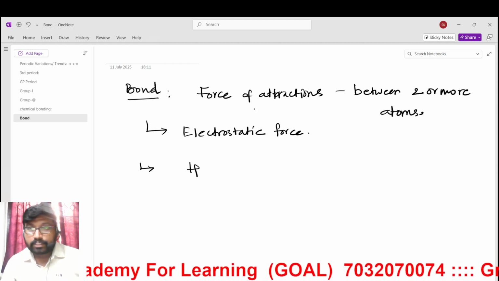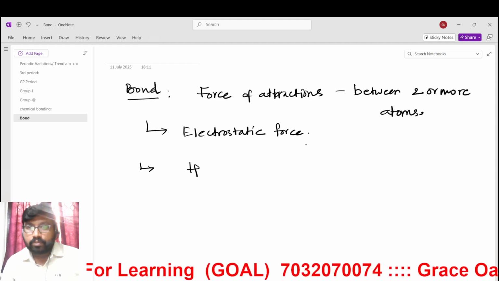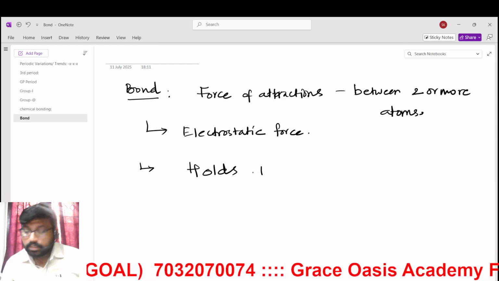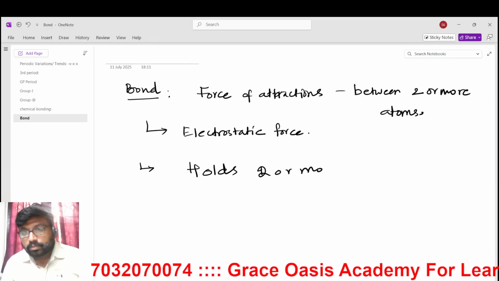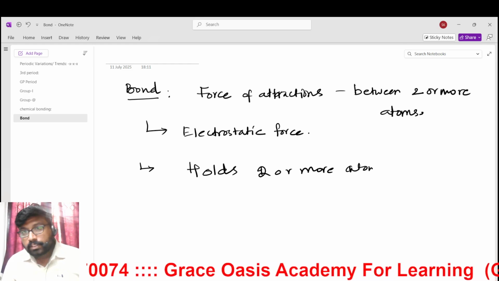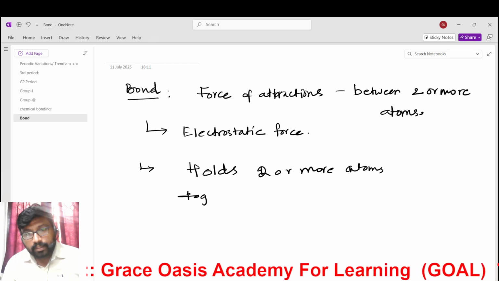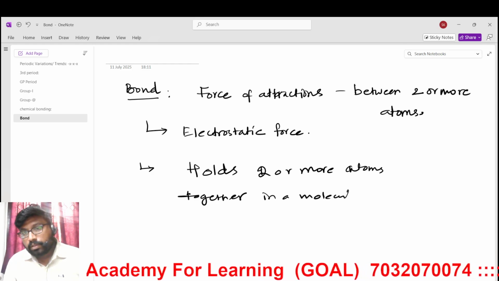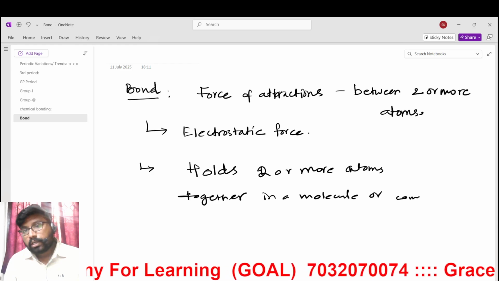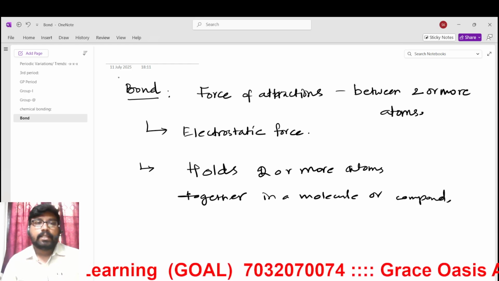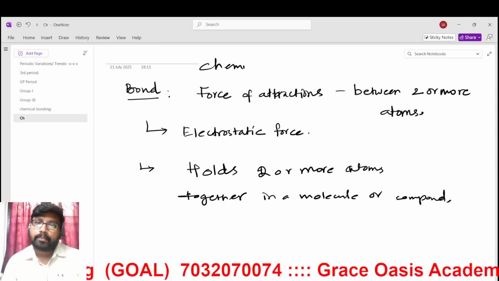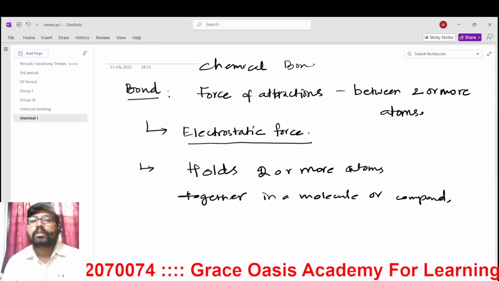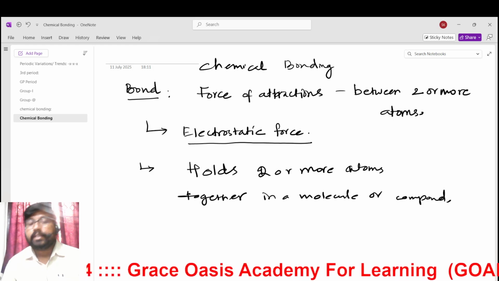That force is called electrostatic force, and it holds two or more atoms together in a molecule or compound. So this is about chemical bonding. What kind of force is between them? Electrostatic force, that is governing them.